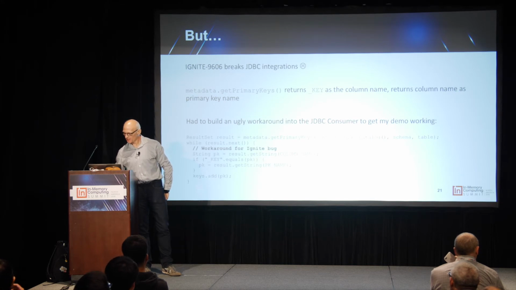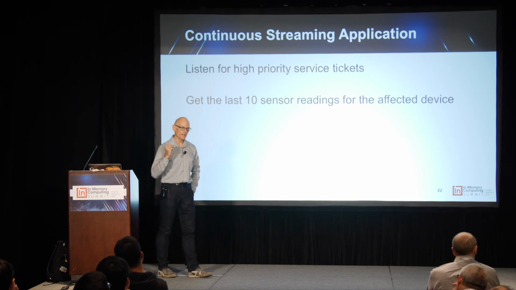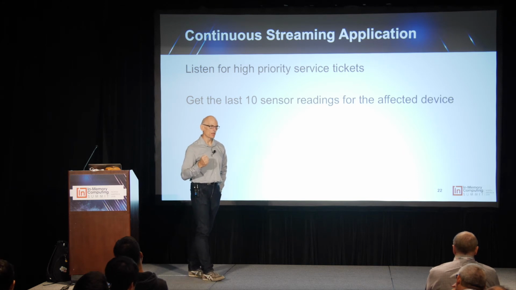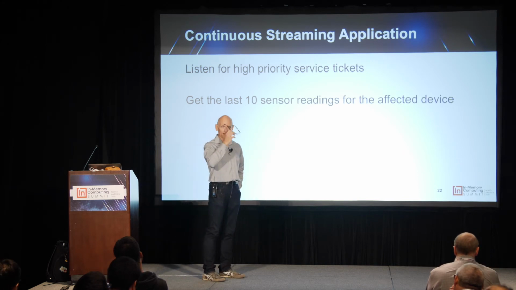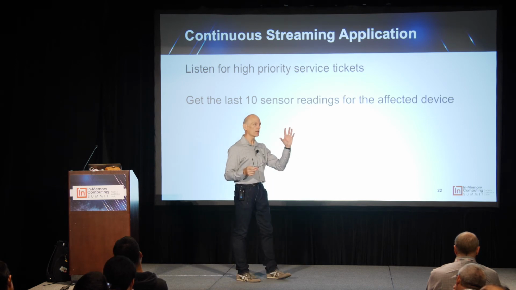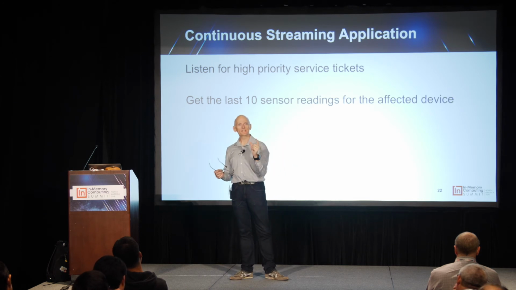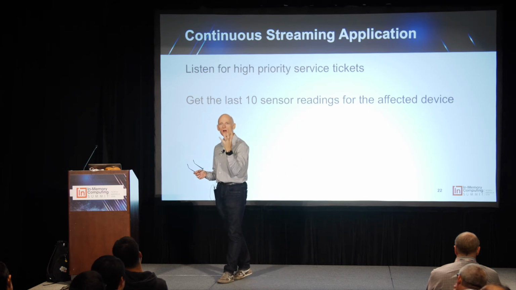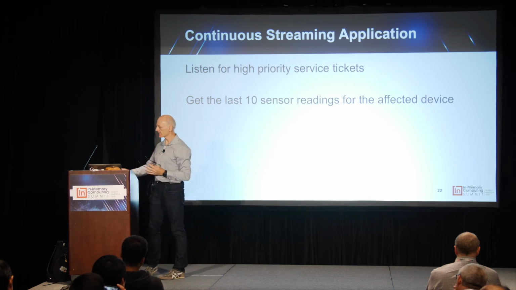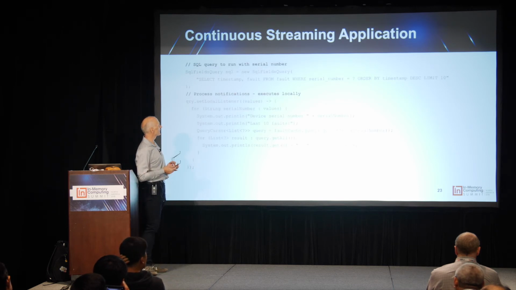diagnosis there, I guess. So the application I wrote was to listen for high priority service tickets. Because what I can do is have that continuous query filter on tickets with priority equals high, and then just give me back the serial number of the device, and then get the last 10 sensor readings. So you can kind of see the code here.